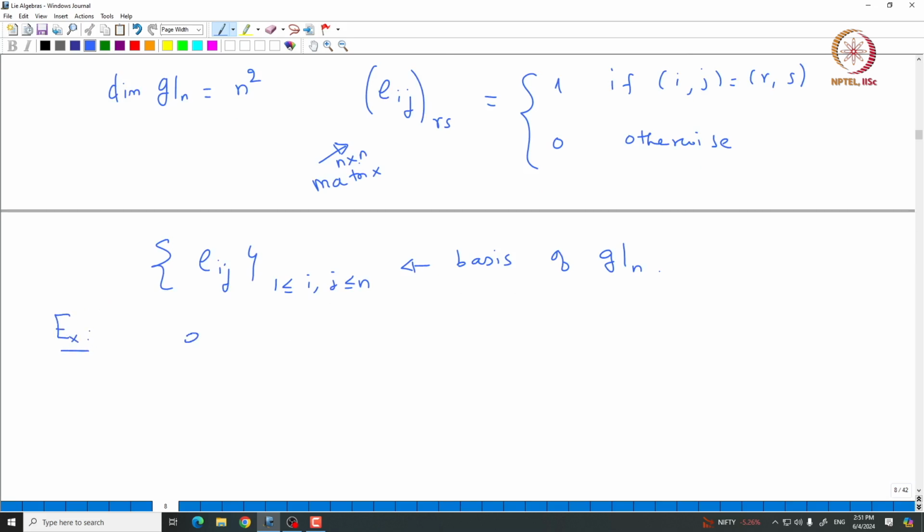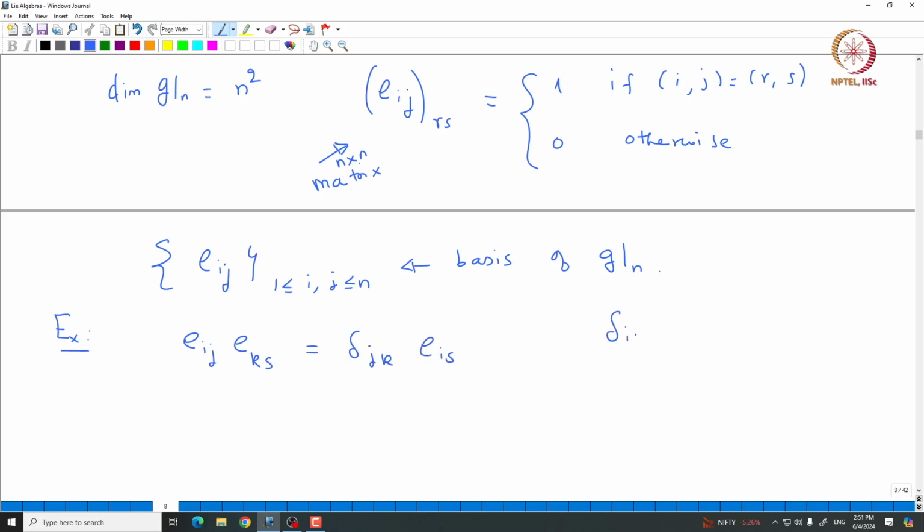So if we take E_ij and E_ks, then you exactly get the Kronecker delta delta_jk E_is.